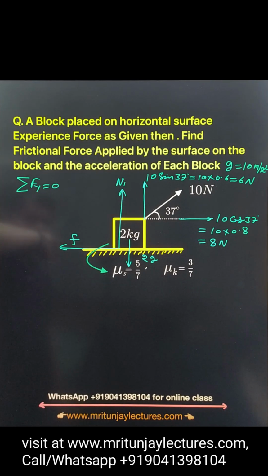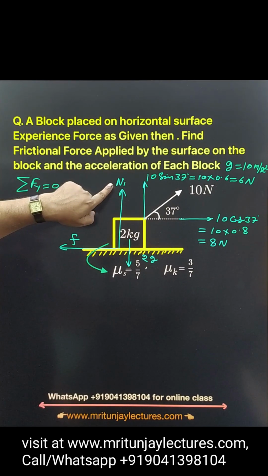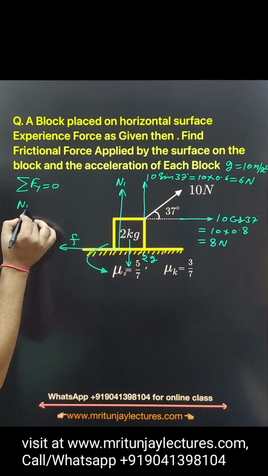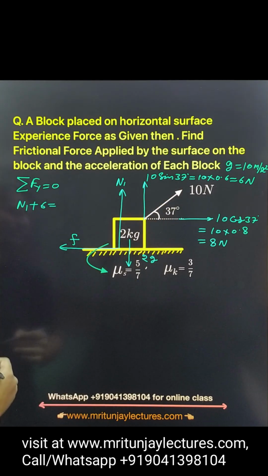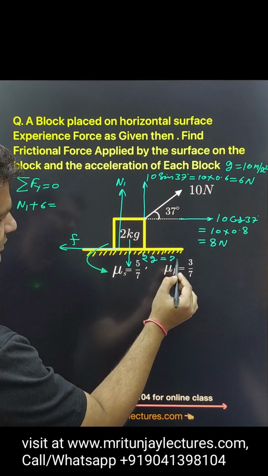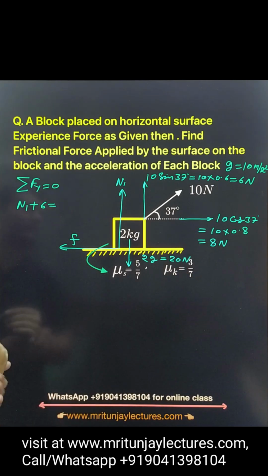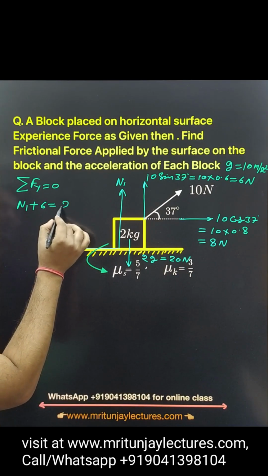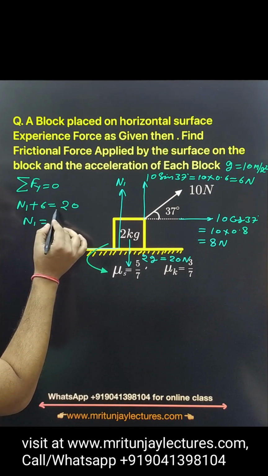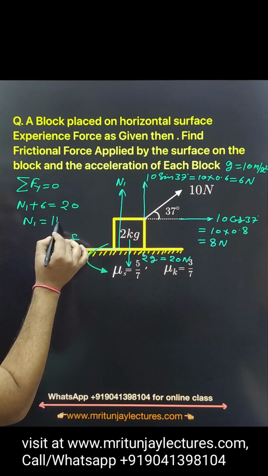So N1 plus 6 will be equal to how much? This one is 2 into g, that is 20 Newton. So what about N1? N1 is 20 minus 6, that is 14 Newton. I hope it is clear.